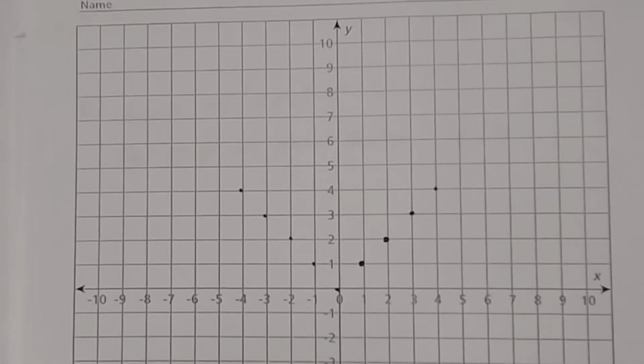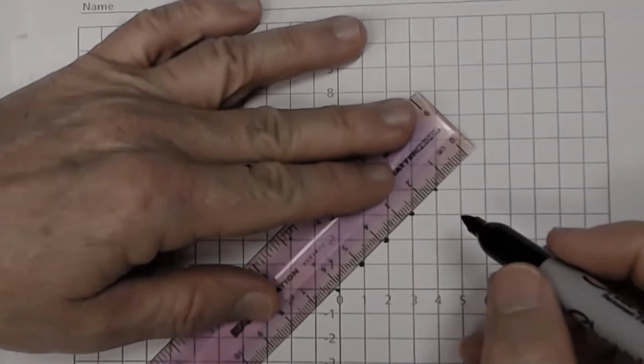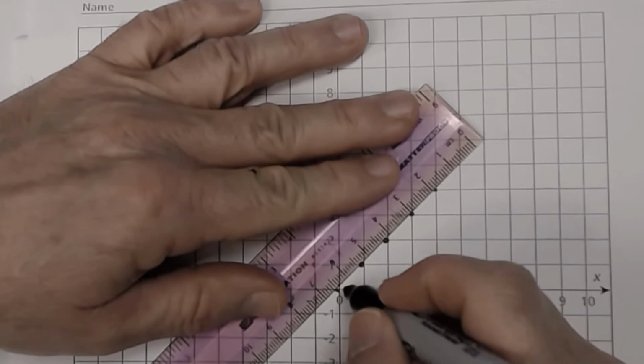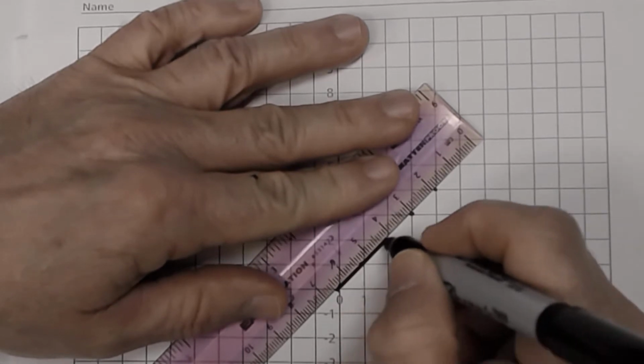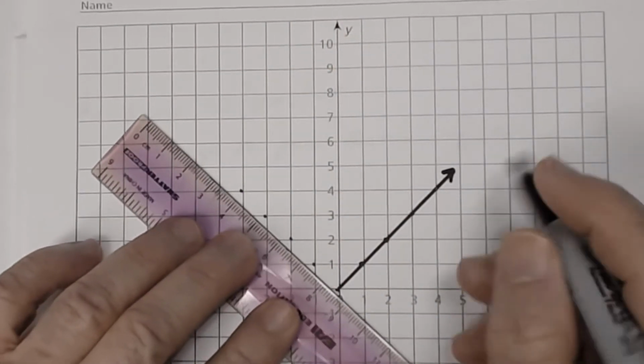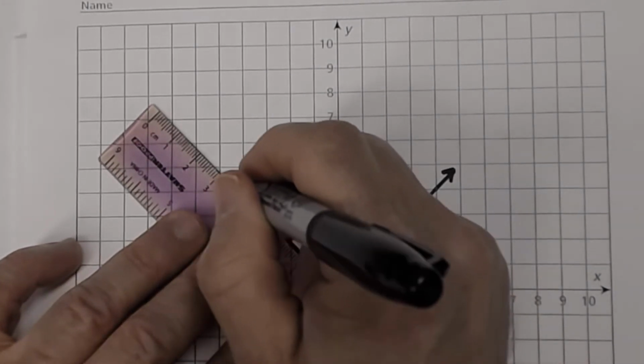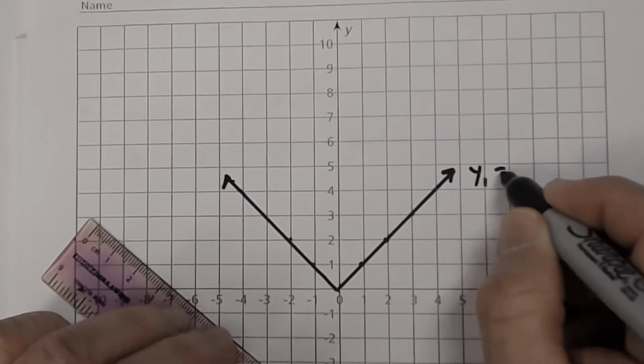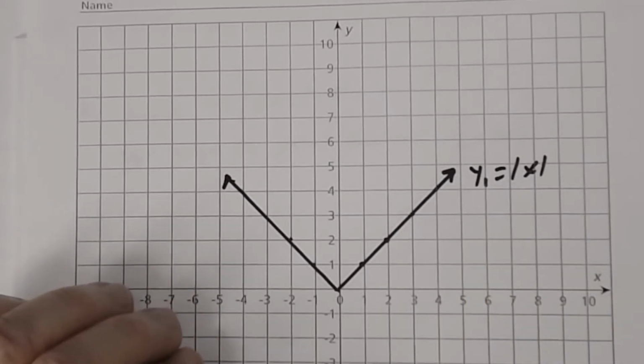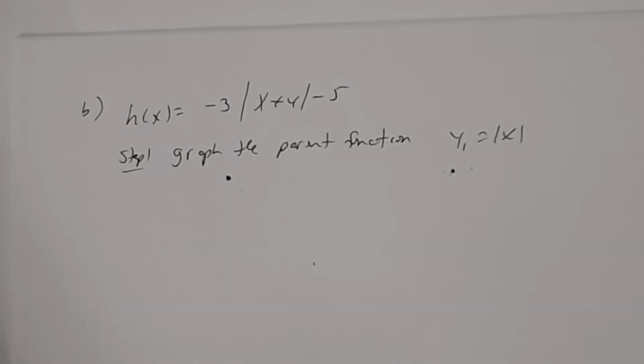Okay, and so this right here is the absolute value of x. All right, and you've got to make sure you label this. You're going to say y1 equals absolute value of x. So that's the equation of that graph. And so that's the first thing I did.